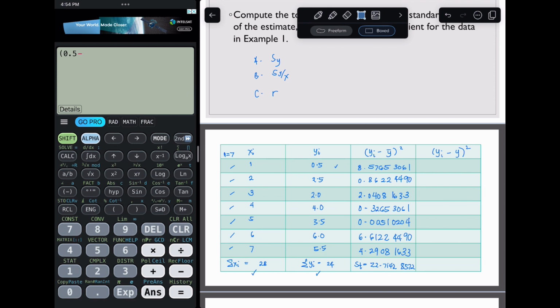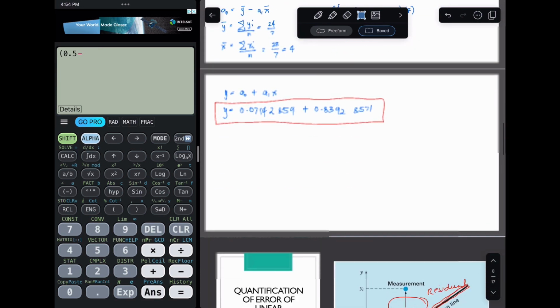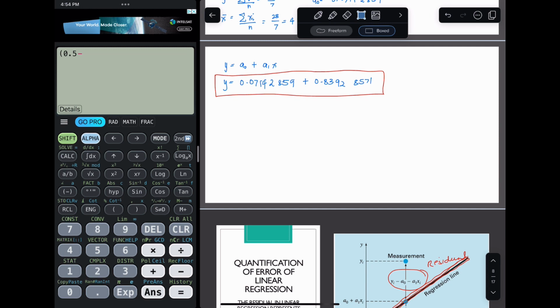Okay, so to compute for the residuals from the regression line, we need to get our best fit representation. By the way, this should have an X there.